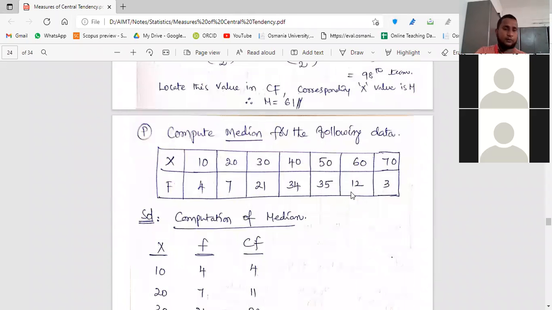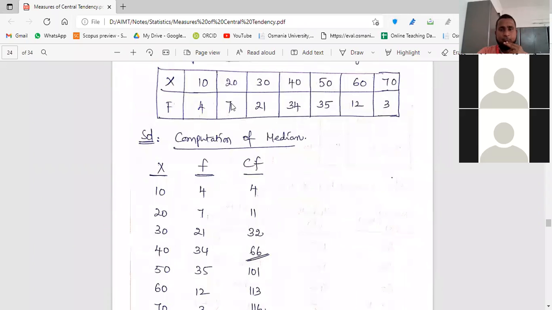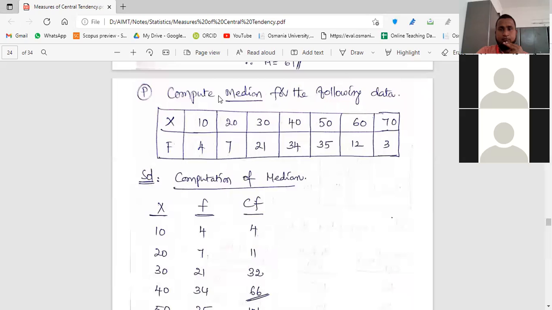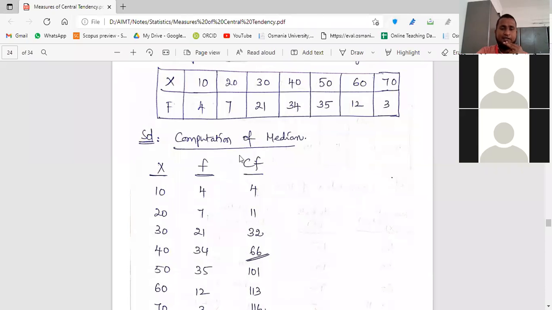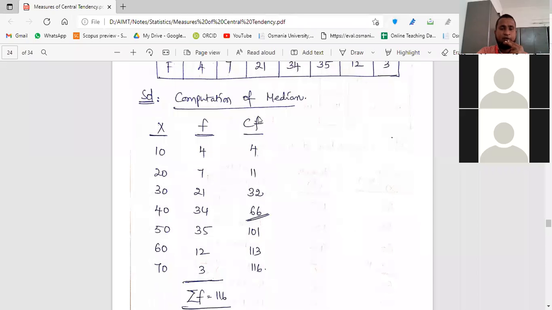See, one more problem we have. Compute median for the following data: X value and F value. So we have X and F, and you have to find out cumulative frequency.